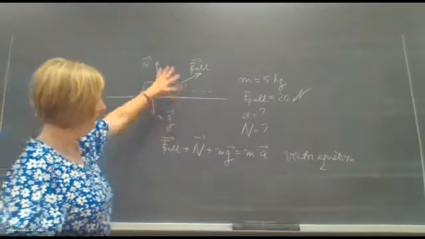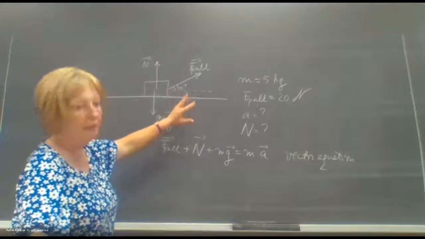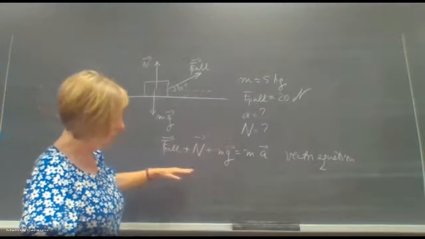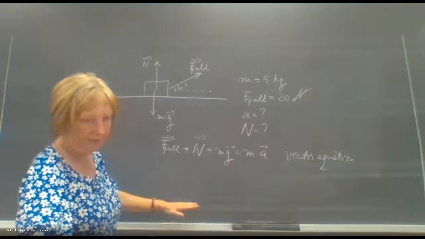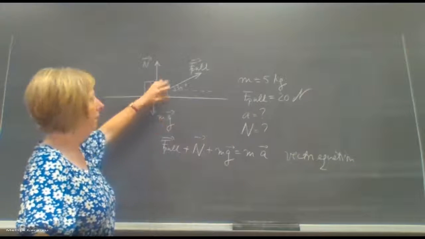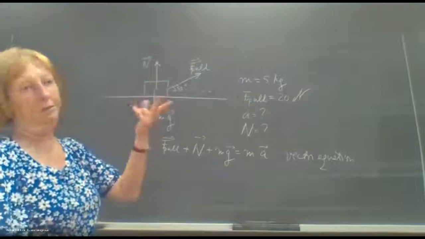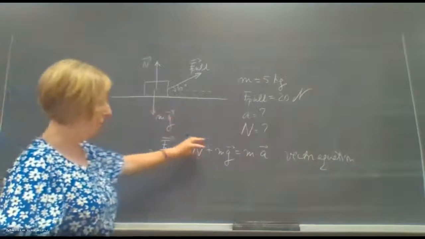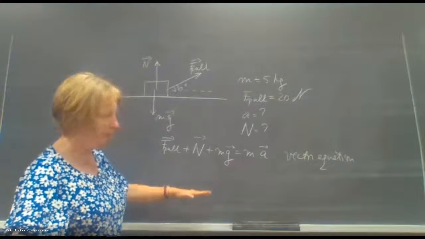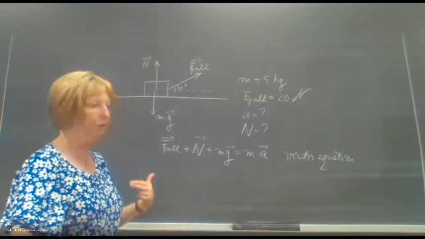So if everything happens 2 dimensionally, then one vector equation is equivalent to 2 scalar ones. But if an object would be moving in space, a 3 dimensional space, then one vector equation would be equivalent to 3 scalar ones.